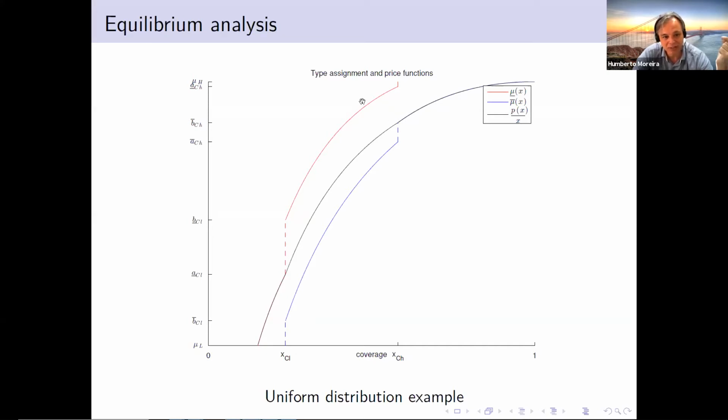So this is exactly the average risk. I'm doing a convex combination given by this endogenous weight that comes from the equilibrium, as I was saying before. So that's pinned down. As you see, the price function is going to be exactly this black line, which is the average risk for every possible risk level.